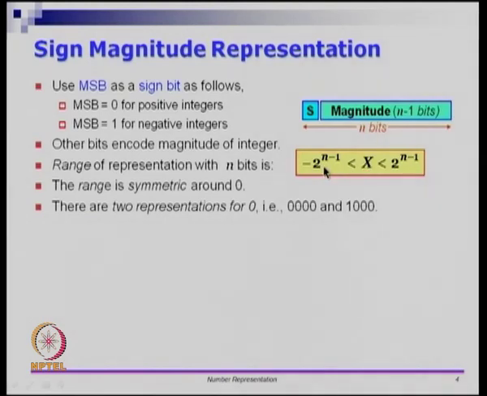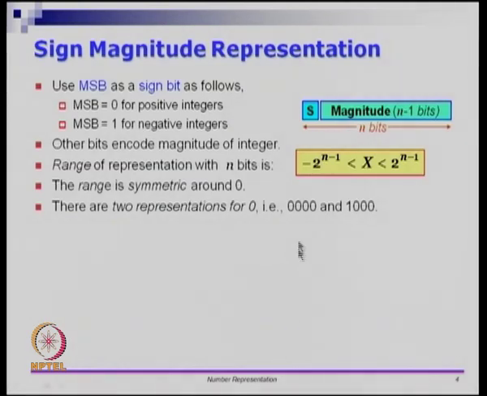So if you are given only 4 bits for signed magnitude representation, you will not be able to represent 8 and minus 8. You can represent all the way from minus 7 to 7. So the range is symmetric around 0. What that means is you have as many positive numbers as there are negative numbers, and 0 itself actually has 2 representations.